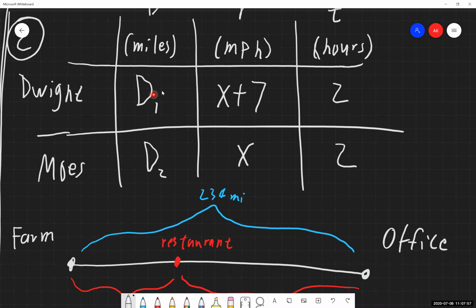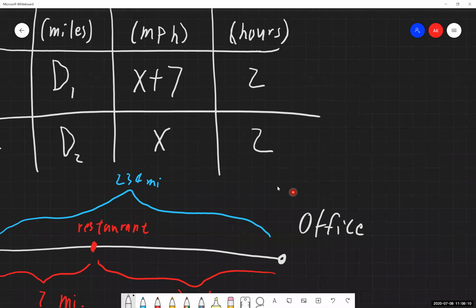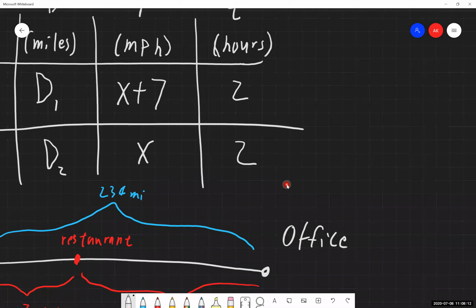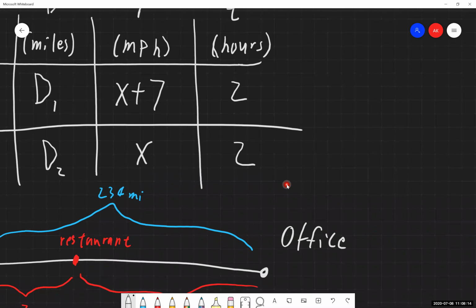Because we have an unknown distance traveled by Dwight, an unknown distance traveled by Mose, and then the speeds, well, I guess just an x value. So we can start to set up a couple equations out of this. We're actually going to be able to use a little bit of the implications that we have here, and we can work this accordingly.